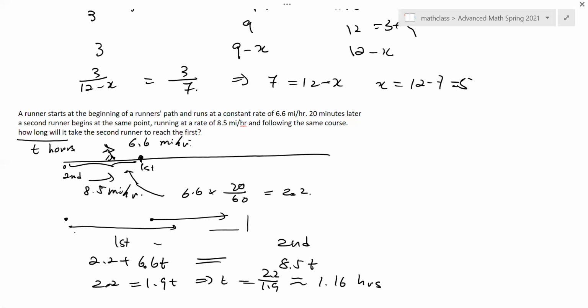You have to draw the picture and imagine when the second runner starts to run. Boom, then runs pretty fast. So 2 minutes later, where is he? He's here. The total distance he travels is going to be 8.5 t.